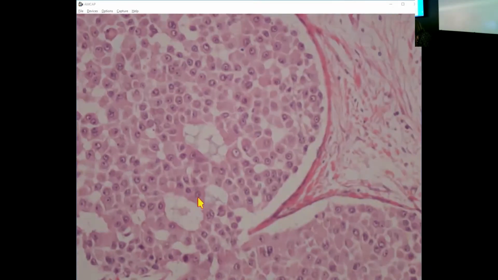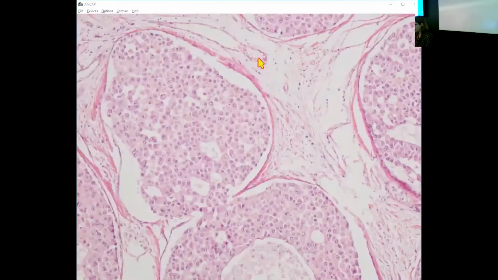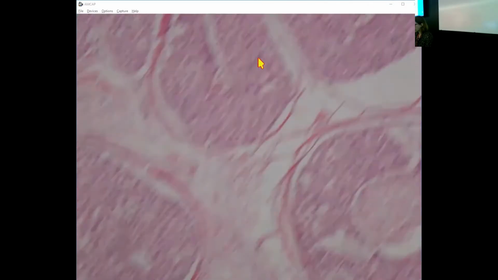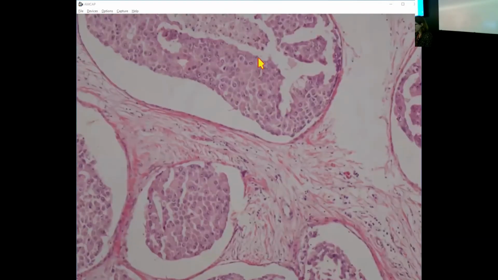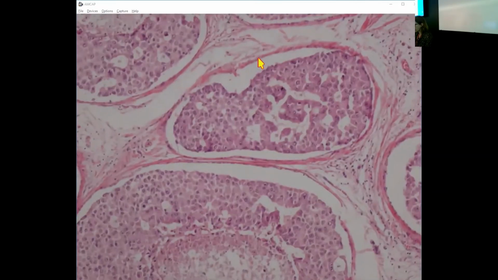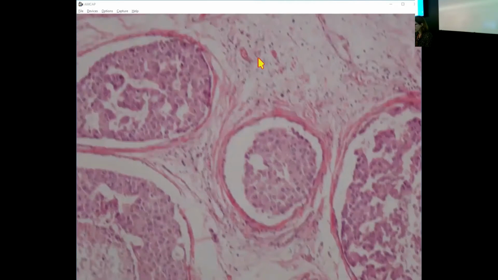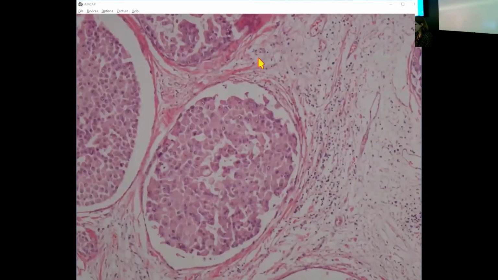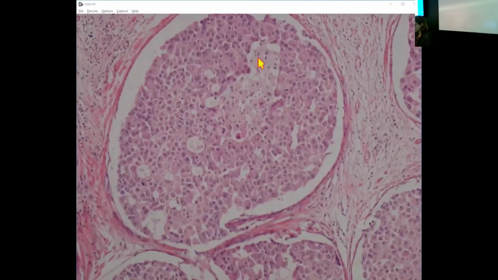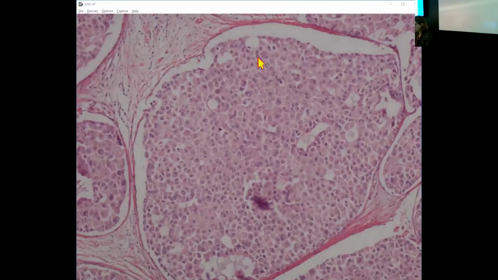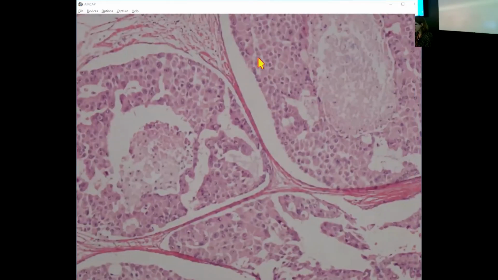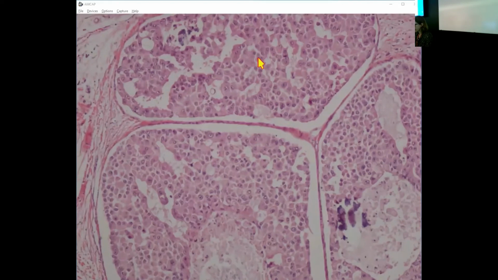You can see there is some cribriform pattern here, even though most of them are falling apart. And there are other areas with better evidence that it's a ductal proliferation rather than lobular, where it's striving to have architecture. But this would be one of those cases where you'd be wondering about pleomorphic LCIS versus DCIS.